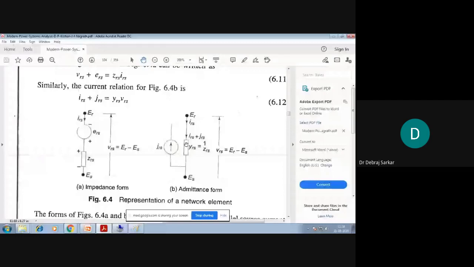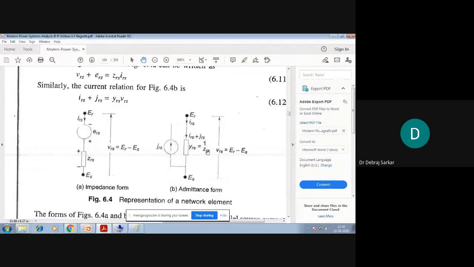Okay, so both of these two branches are exactly the same. One is a voltage source with impedance in series, one is a current source with admittance in parallel.